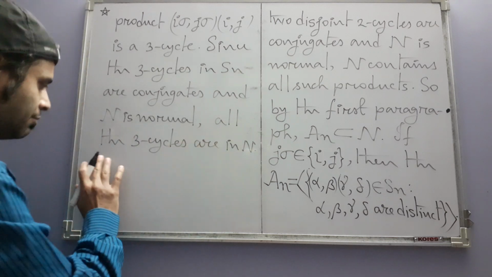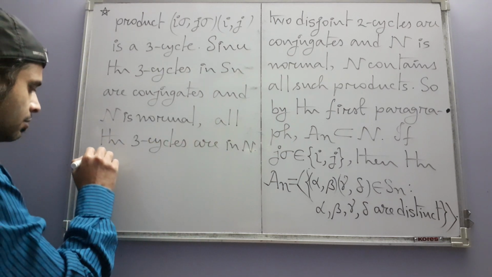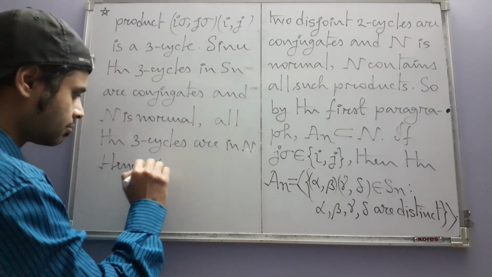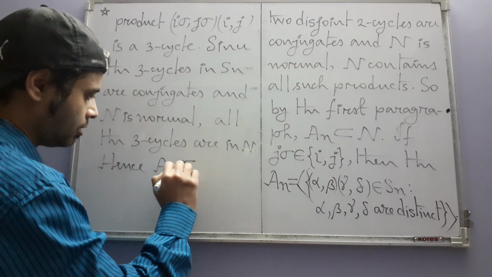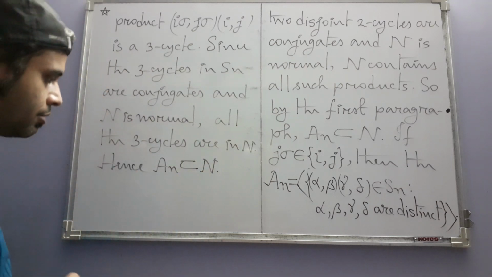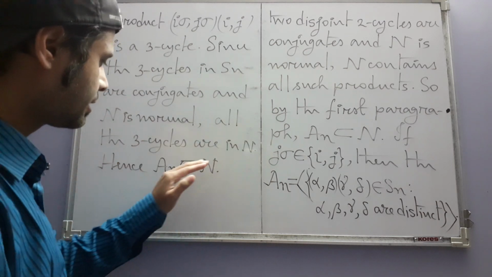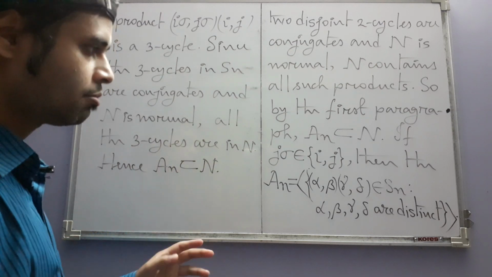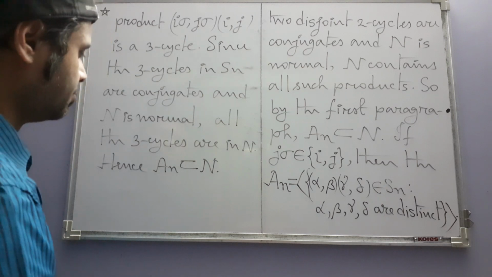So without even mentioning that, we simply write hence A_n is contained in N. Ideally, we should mention the fact that the 3-cycles generate the alternating group, but that is understood, that's known.